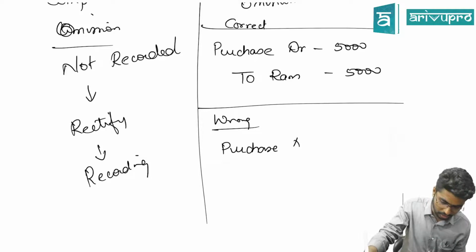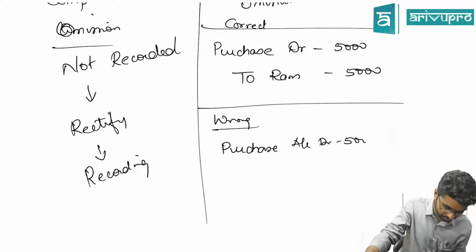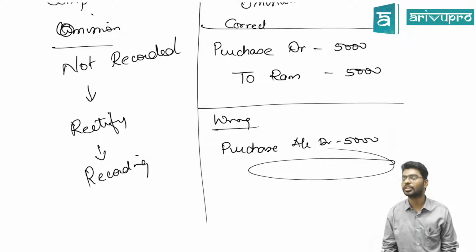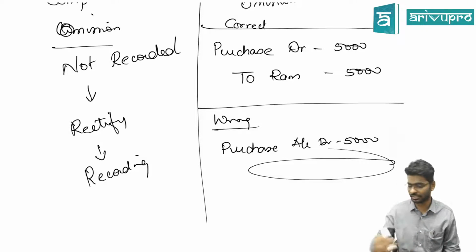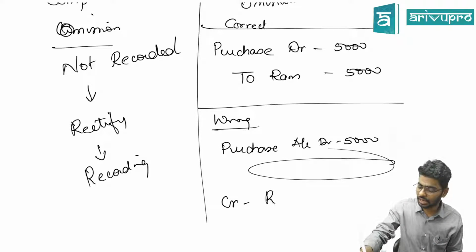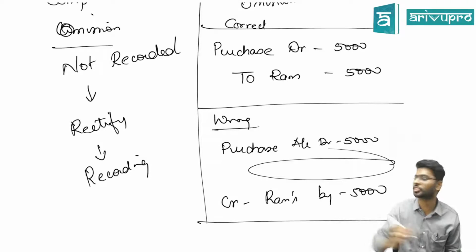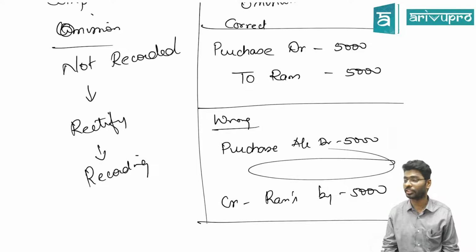Purchase account debit. I did not do what? So what will you be writing? Easier way solution is credit Ram's account by 5,000. This is your solution. What is your solution? Credit Ram's account by 5,000.